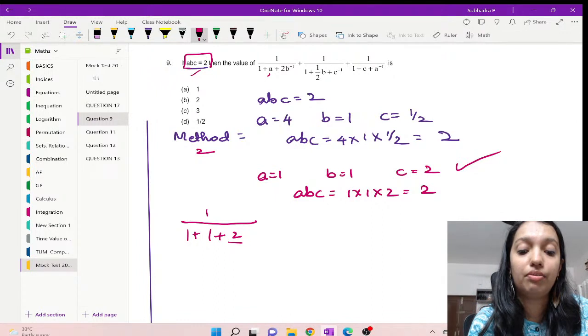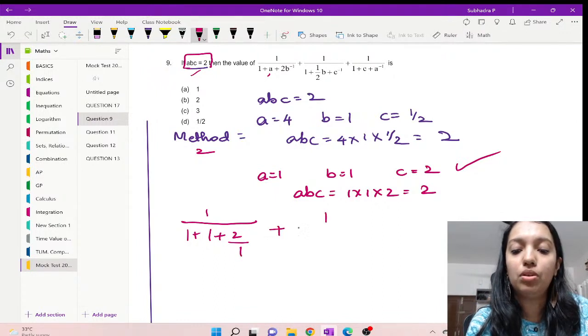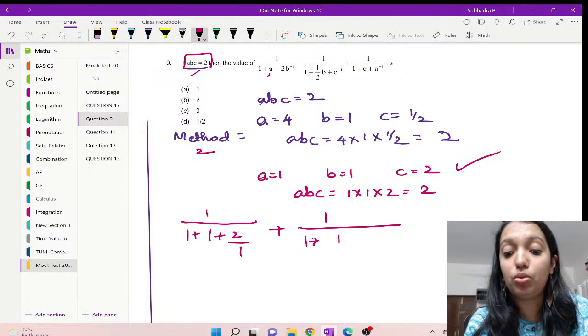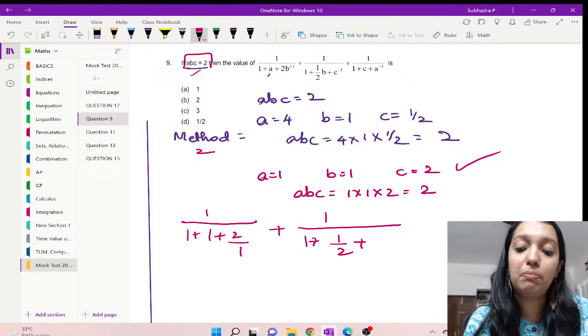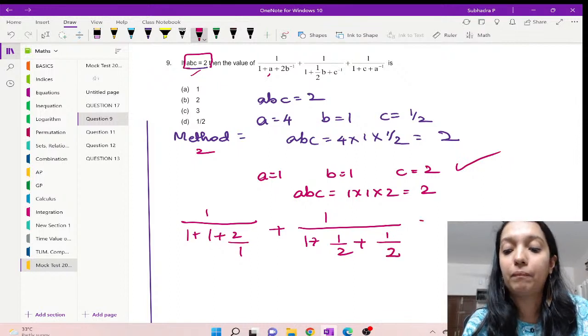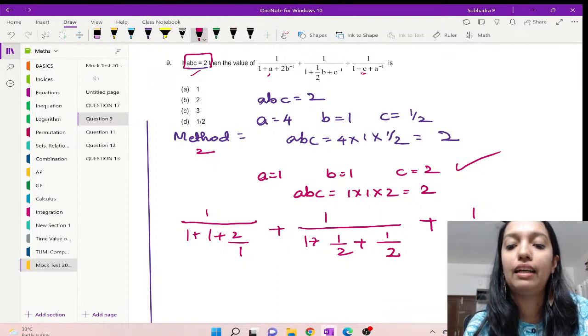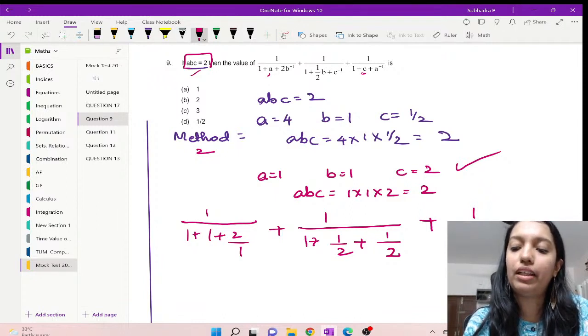So it is divided by 1 plus 1 divided by 1 plus B divided by 2. So it is 1 by 2 plus C to the power minus 1 means 1 divided by C plus 1 divided by 1 plus, instead of C I can take 2 now, plus instead of A I can take 1. So it is A to the power minus 1, 1 divided by A.